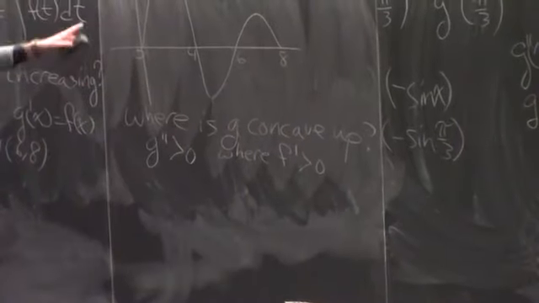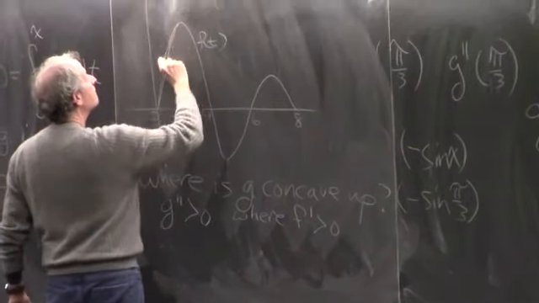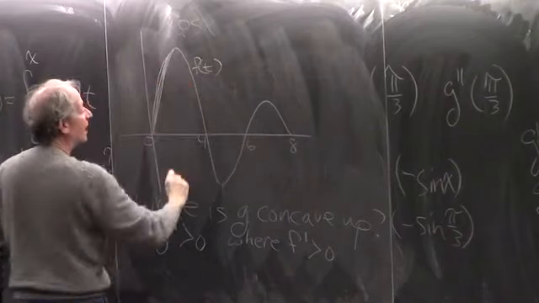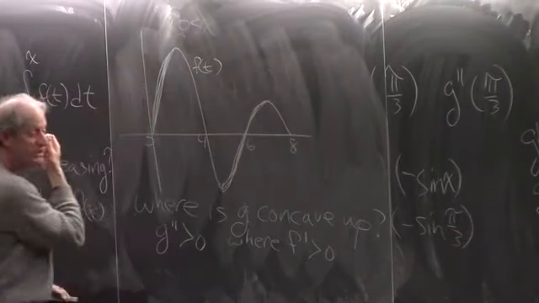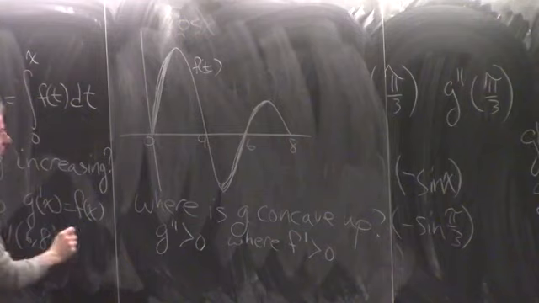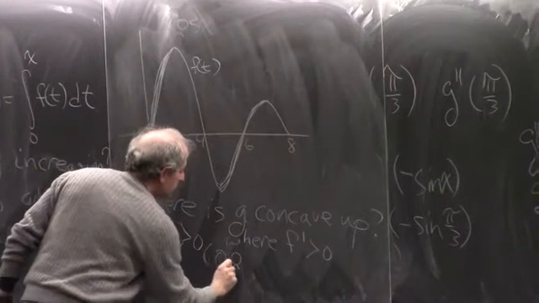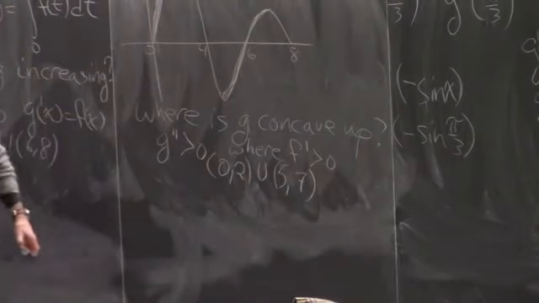And f prime is just the slope. So that would be from here to here, and from here to here. That's the two places where f has a positive slope. So 0 to 2 and 5 to 7. That makes sense?